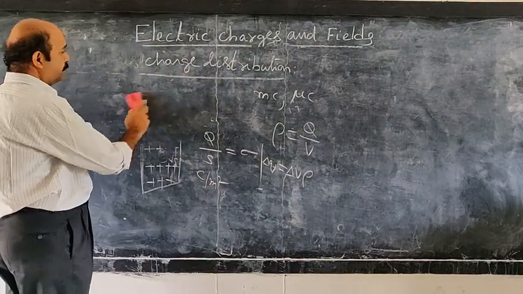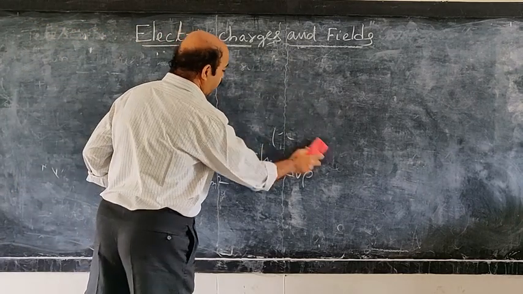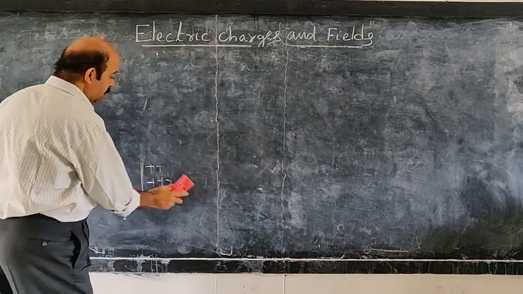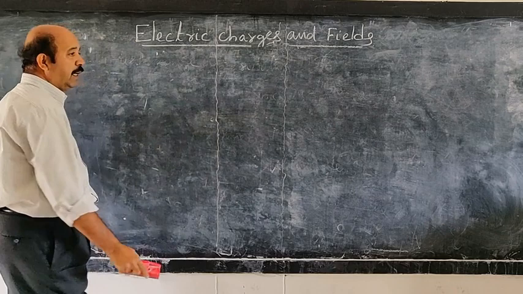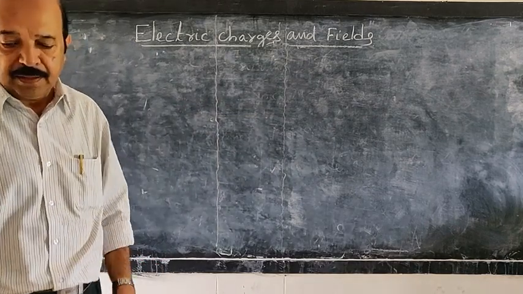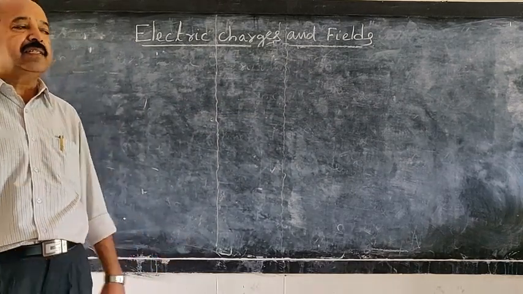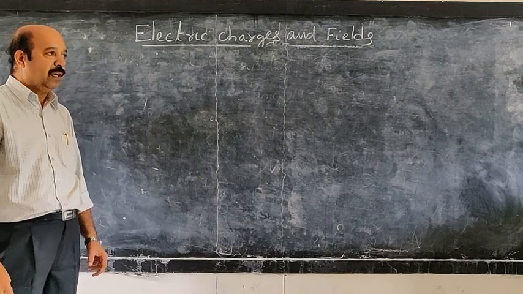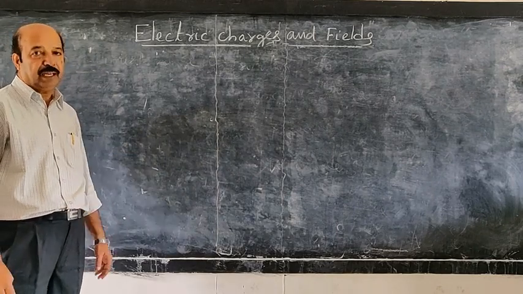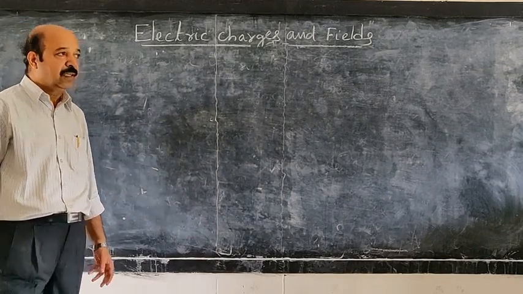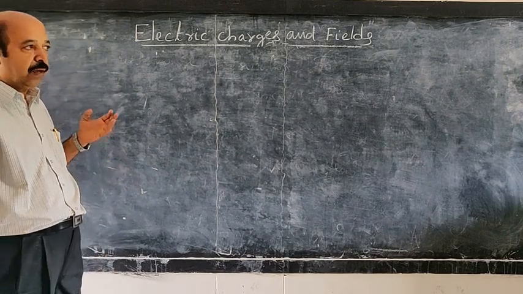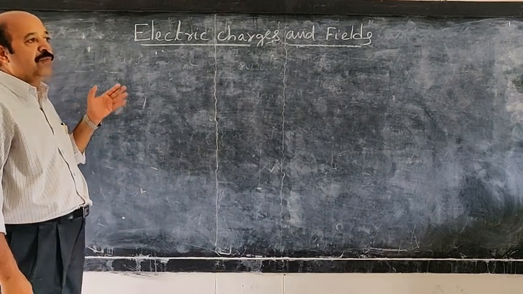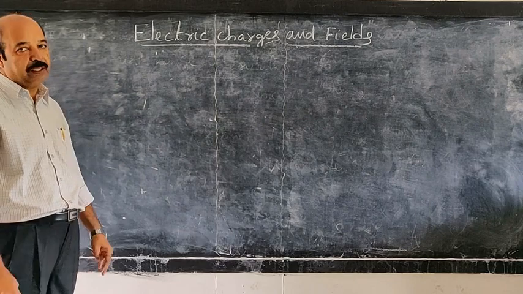Gauss law is related to the flux and the electric field. It relates the electric field and of course the electric flux. Already I told you what electric flux is: the electric field lines passing through unit area.